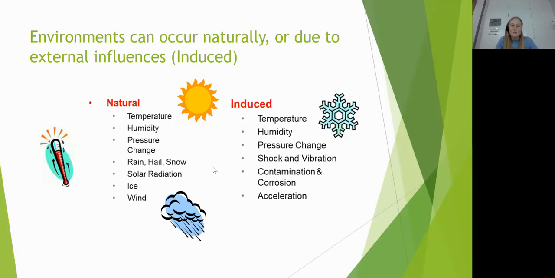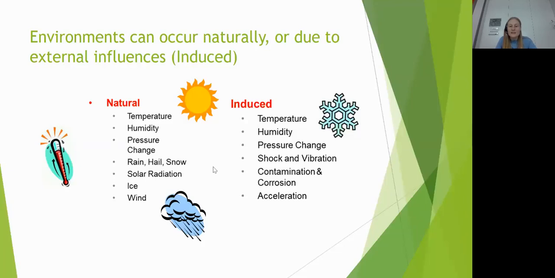Natural weather will also have a toll on cargo. For example, rain, hail, and snow can be really harsh climates that our products have to endure. As well as this, they have to endure solar radiation. You know, when you leave plastic out and it's white and you put it in the window and it turns really yellow, solar radiation can cause brittle effects.